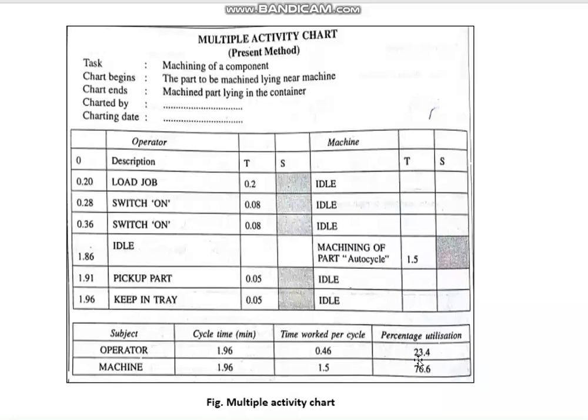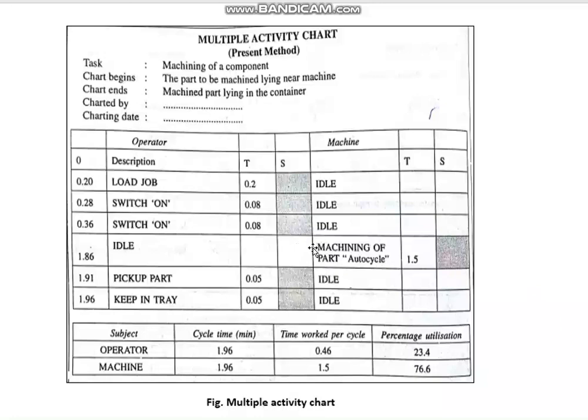So here this man is free for almost 77% of the time. At that time, this man can be made to operate some other machine. If there is some other machine also, these cycle times can be staggered a little, so that he can attend to this also and start it, and go in this 1.5 minutes gap he is getting.